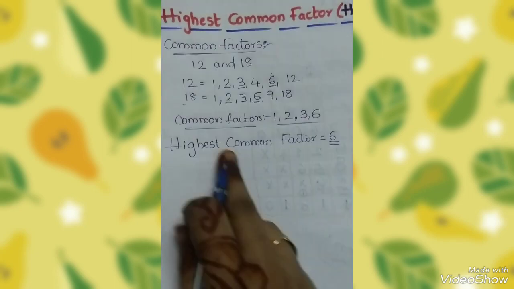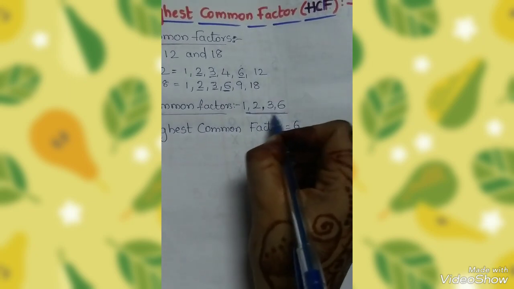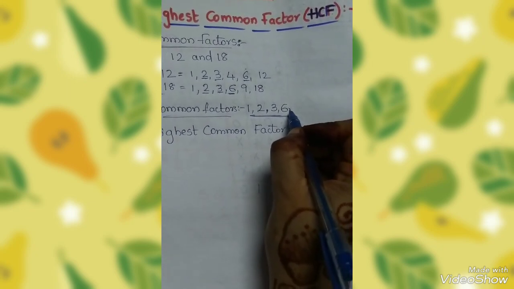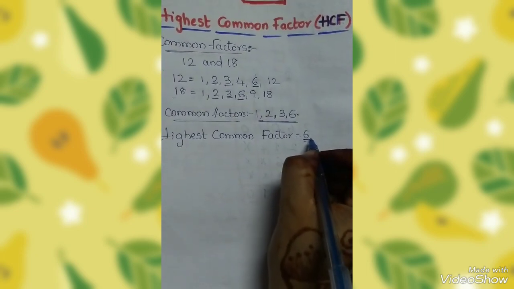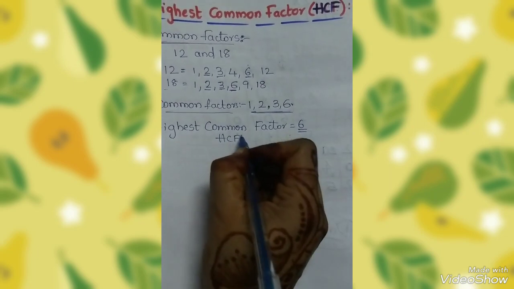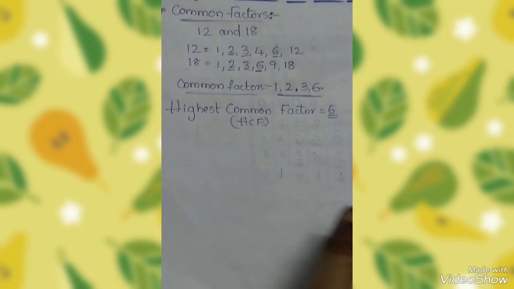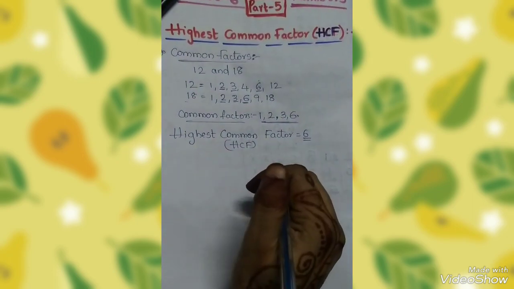From these common factors, the highest is 6. So write down: the highest common factor, HCF, of 12 and 18 is 6. Like this we have to take out the common factors and the HCF of numbers.